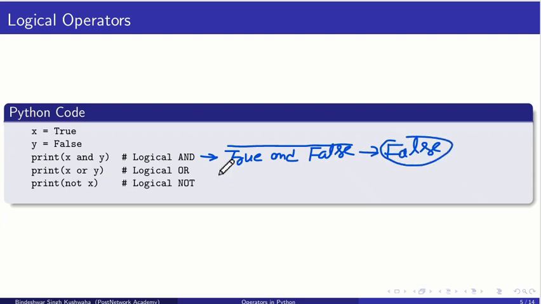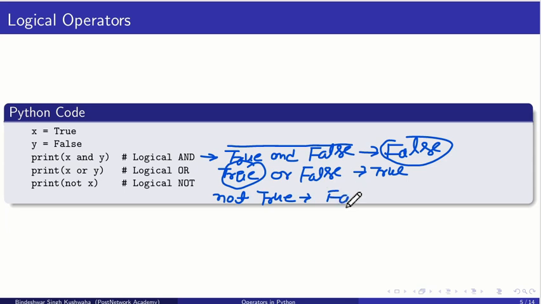Then x or y, so true or false. If at least one is true, the whole expression's value would be true. Not x. Not x means not true, that means false. So let us see: false, true and false. That would be the output.